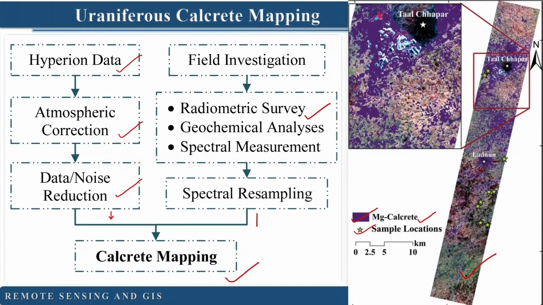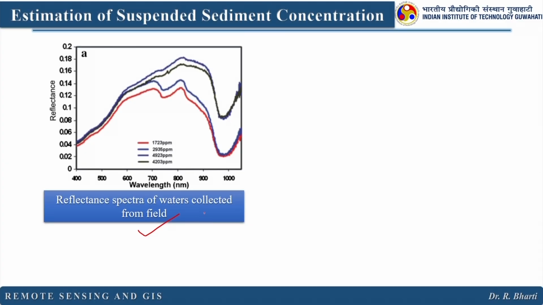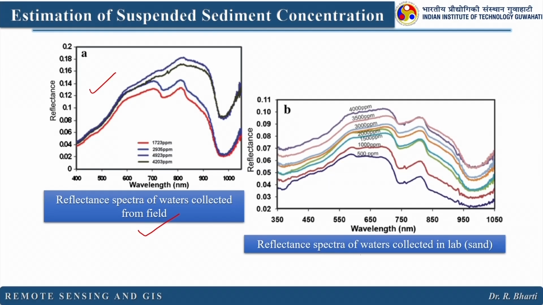In the next work, hyperspectral remote sensing was used to estimate the suspended sediment concentration. You can see here reflectance spectra of water collected from field is shown here, and reflectance spectra of waters collected in lab with sand is used here.